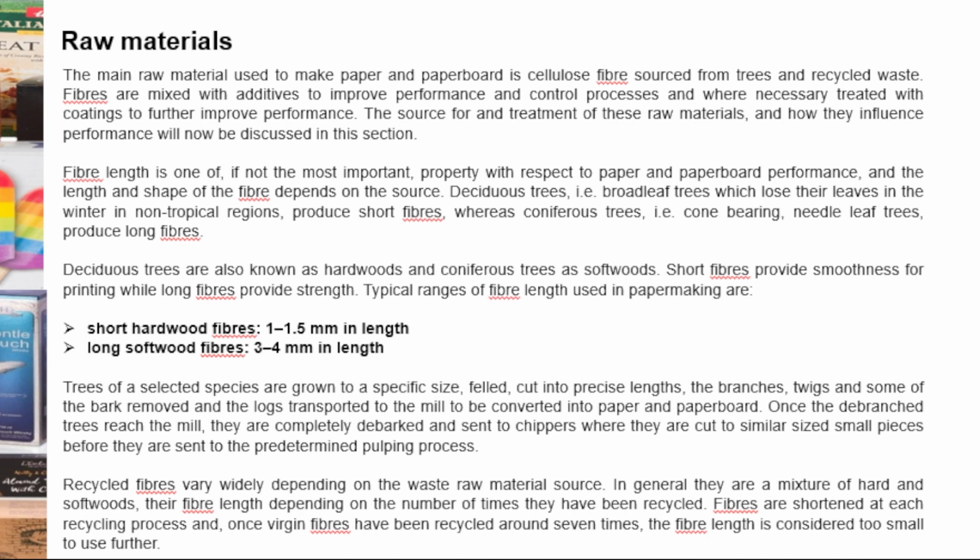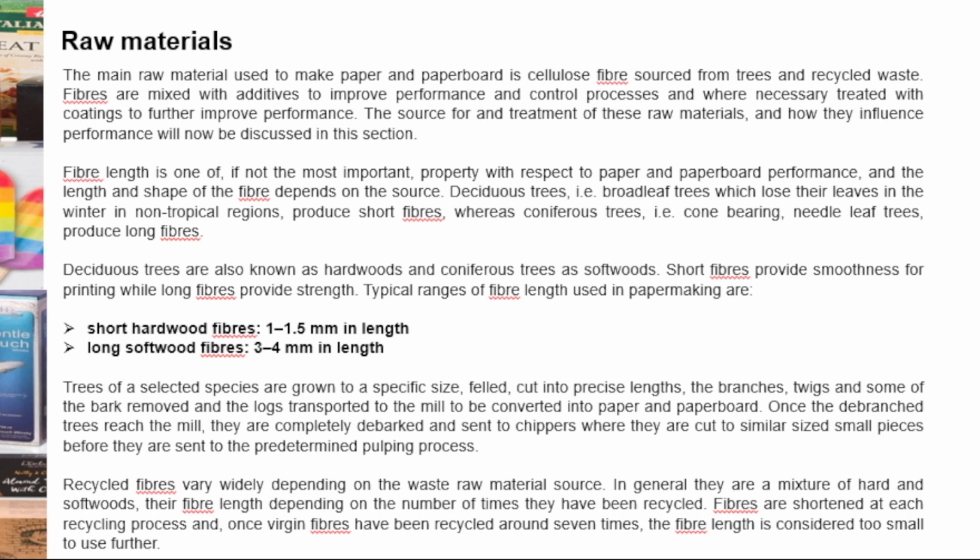Deciduous trees, that is broadleaf trees which lose their leaves in the winter in non-tropical regions, produce short fibers, whereas coniferous trees, cone-bearing, needle-leaf trees, produce long fibers. Deciduous trees are also known as hardwoods and coniferous trees as softwoods.